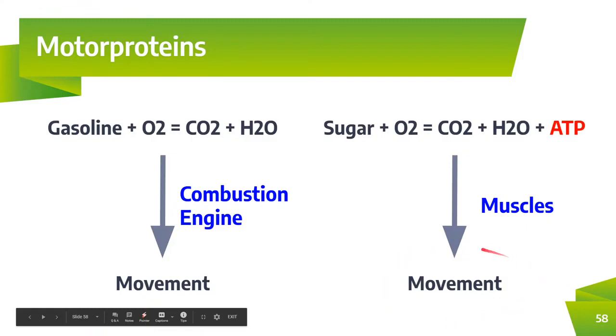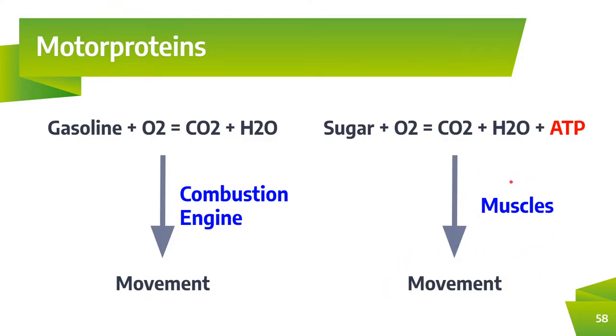But we're also going to look at some other types of proteins found in different parts of the cell. All of them are called motor proteins, right? To be exact, not all of them have to use ATP. There are also other forms of chemical energy that they can use. But today we're going to mainly focus on the ones that use ATP.